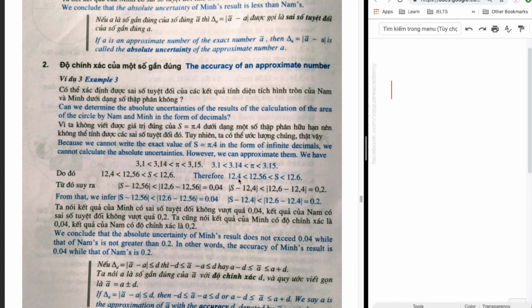Therefore, 12.4 is less than 12.56, and 12.56 is less than S, and S is less than 12.6.